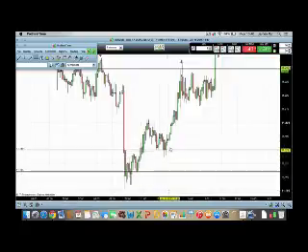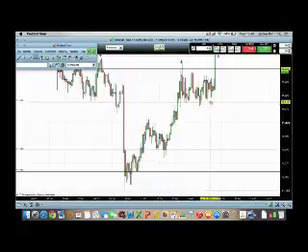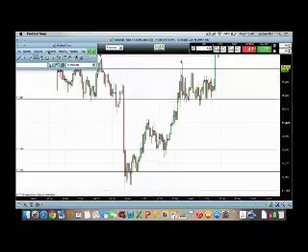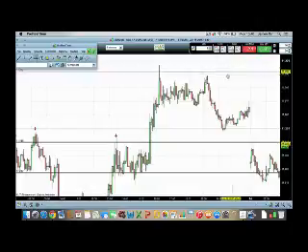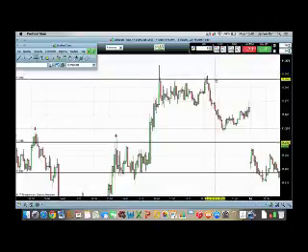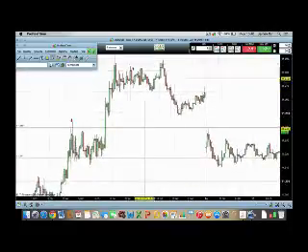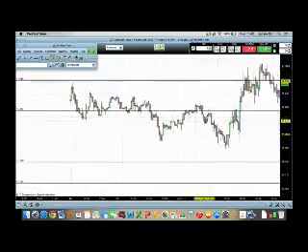You've got another one here. Now, it might seem like I'm going quite fast putting these zones in. It's just because I've done it so many times before. If you watch the video on support and resistance, you'll learn how to do it, and before long you'll be able to fly through it and do it as quickly as I'm doing it.